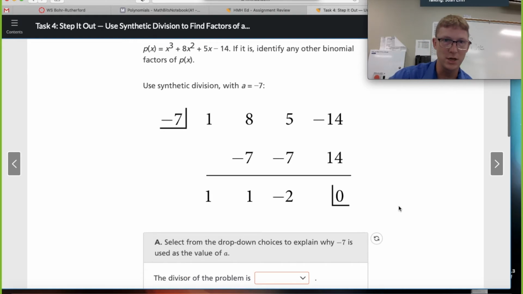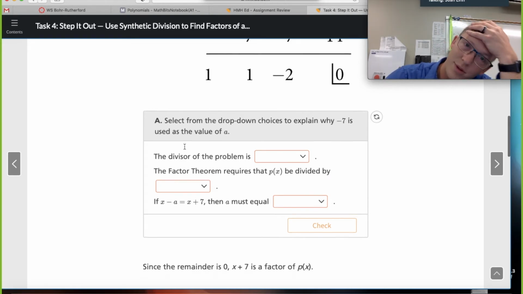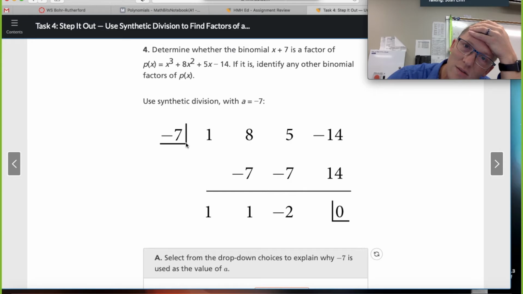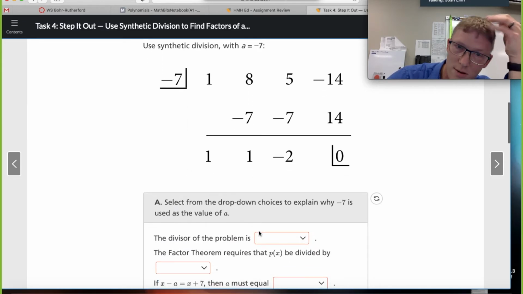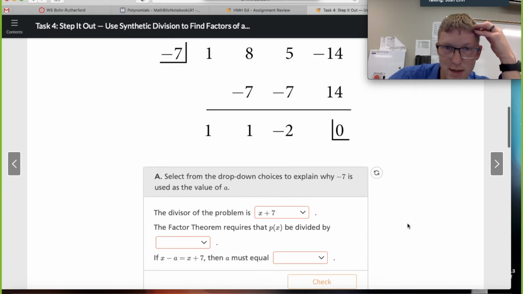So let's make sure that that's what they got. Oh, they're testing me on my vocabulary. The divisor of the problem is the x plus 7, right? Okay. The factor theorem requires that p of x be divided by x minus a.